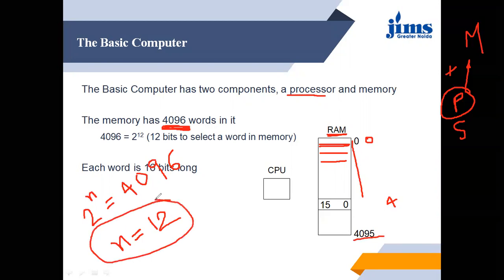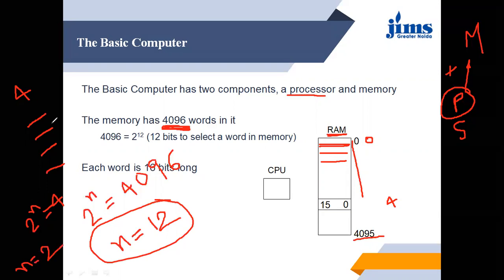As we discussed earlier, suppose I have 4 lines, 1, 2, 3, 4. Then how many bits are required? I require 2 raised to the power n equals 4, and the value of n comes out to be 2. So we require 2 bits.